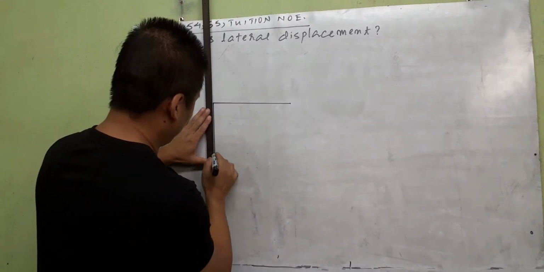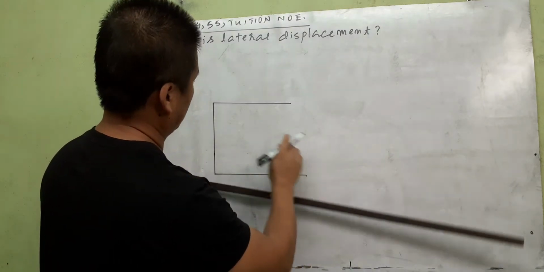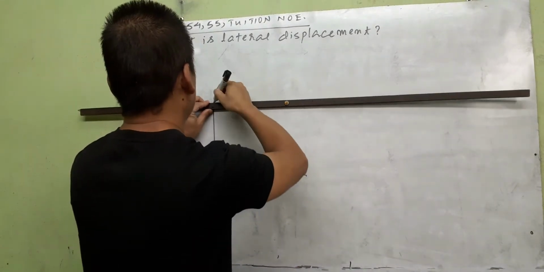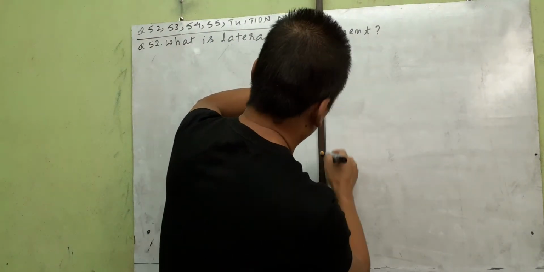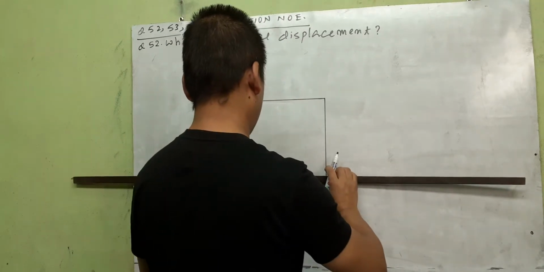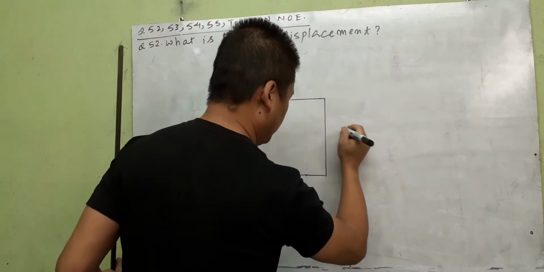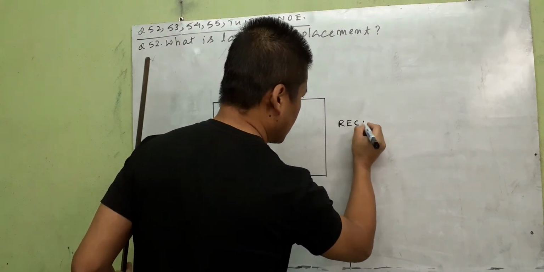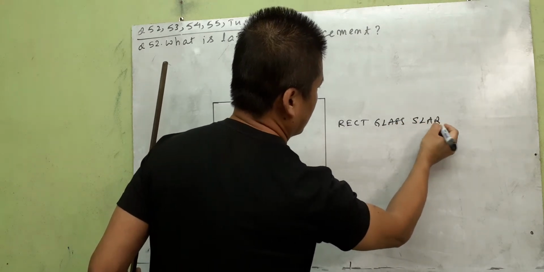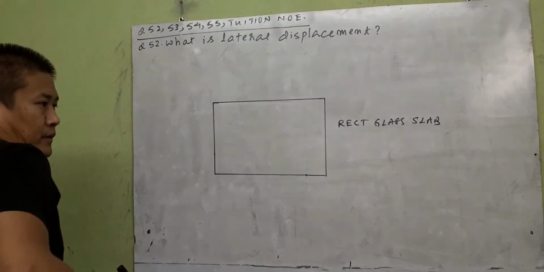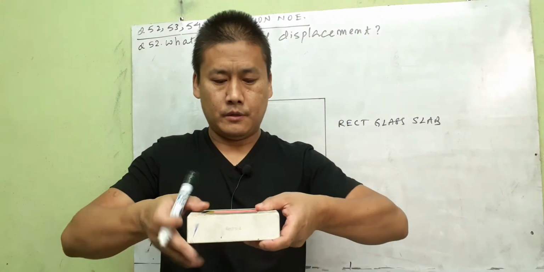Rectangular glass slab you take, and draw it properly. So this is the rectangular glass slab.